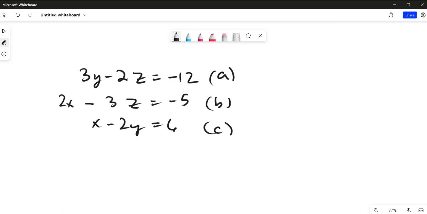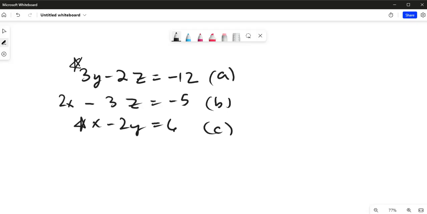All right, so we'll eliminate z from the first two equations. Is that what they do? No, they're eliminating y. Okay, so they're going to use A and C to eliminate y.